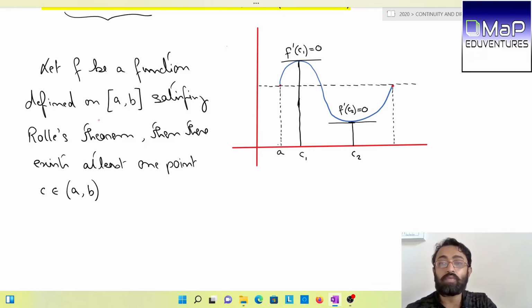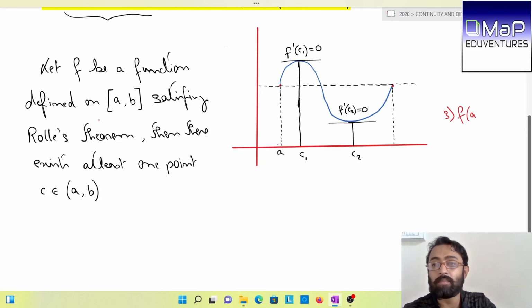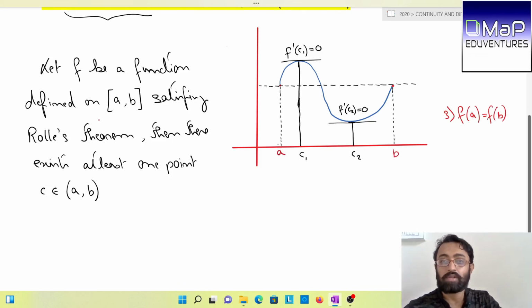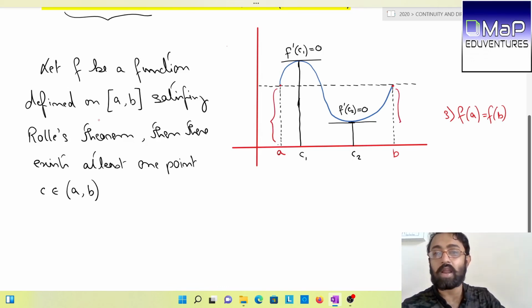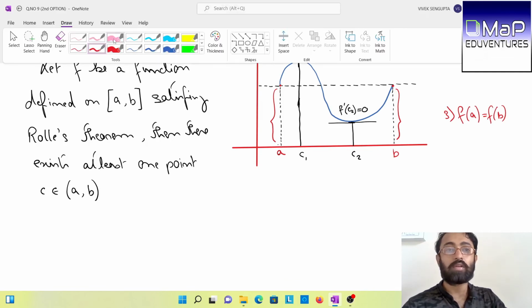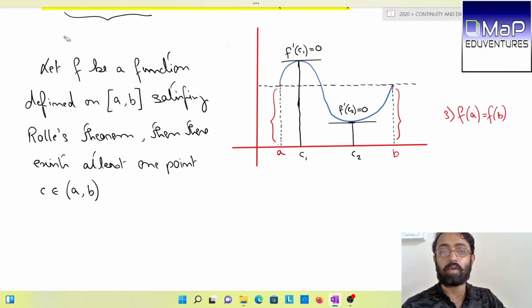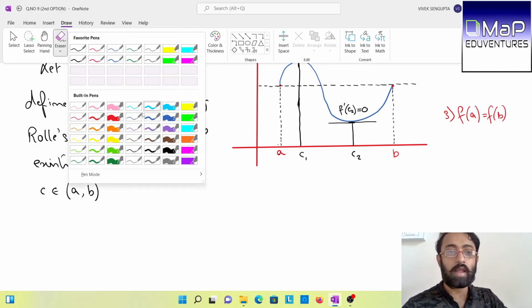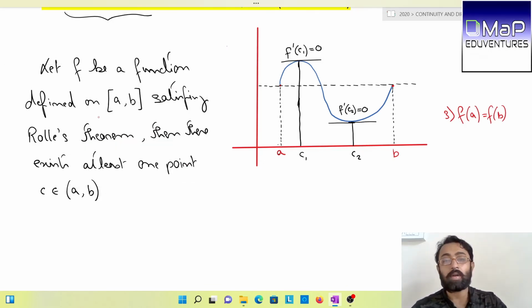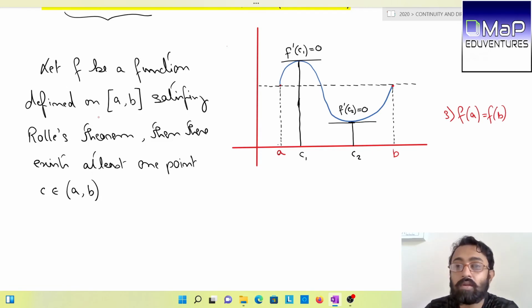Also we have a third condition: after being continuous and differentiable, the endpoints f of a and f of b must be equal. Here, this is our point a and b, so this is our interval. So f of a is the height, and these two heights are exactly equal. So we have to make our diagram like this. This is a graph that perfectly satisfies Rolle's theorem.